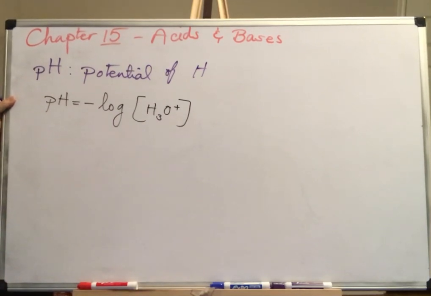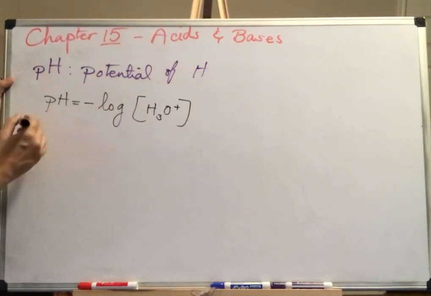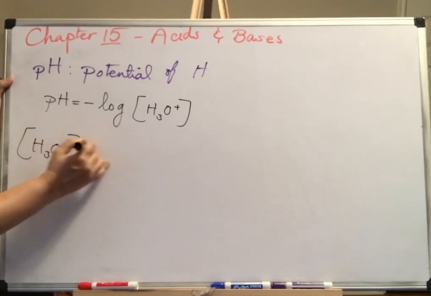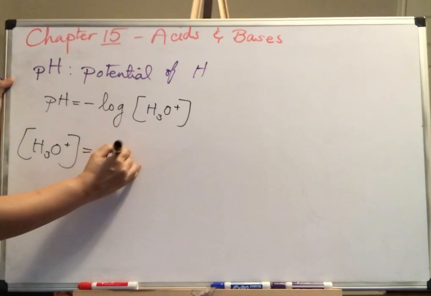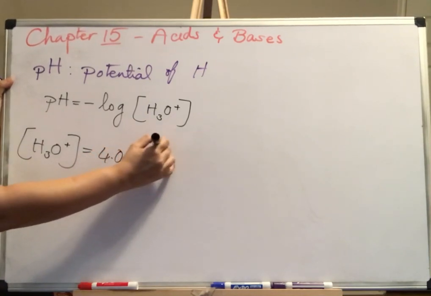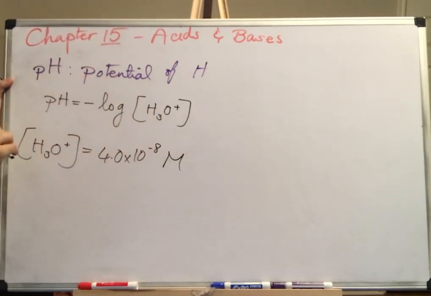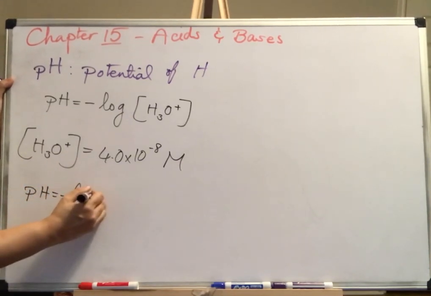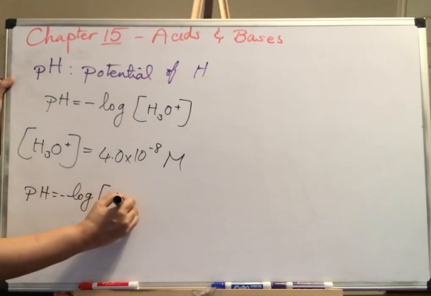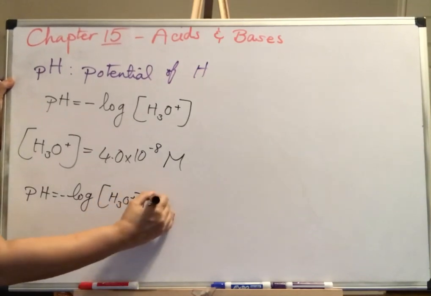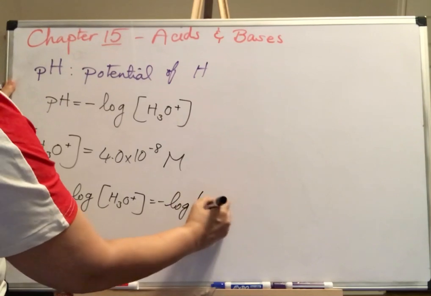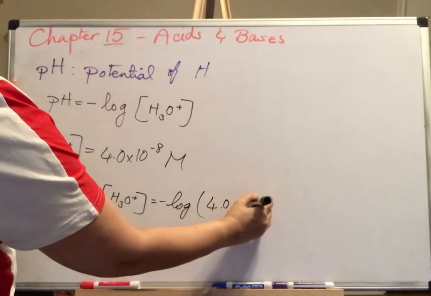Calculate the pH of typical adult blood, which has a hydronium ion concentration of 4 times 10 to negative 8 molar. So what was pH? It is minus log of H3O. You plug it into the formula and do the calculations on your calculators.